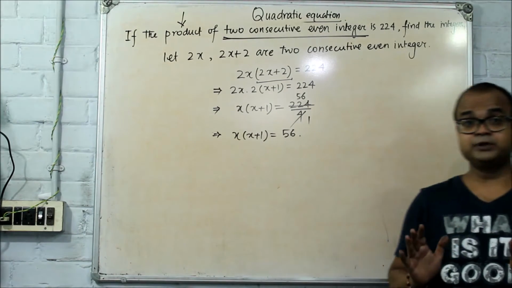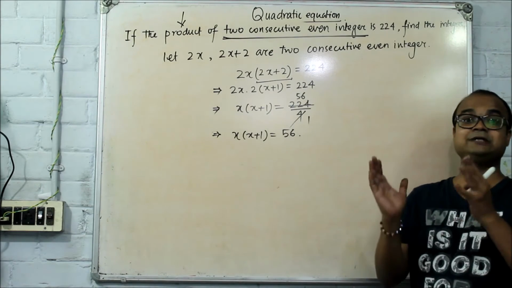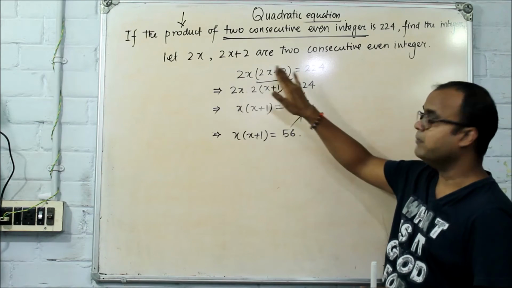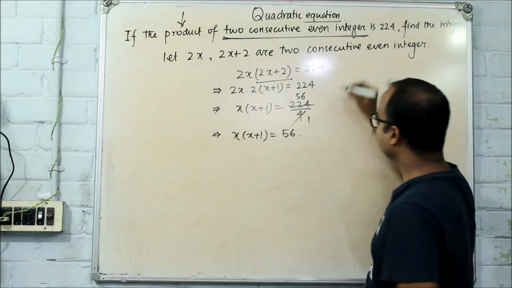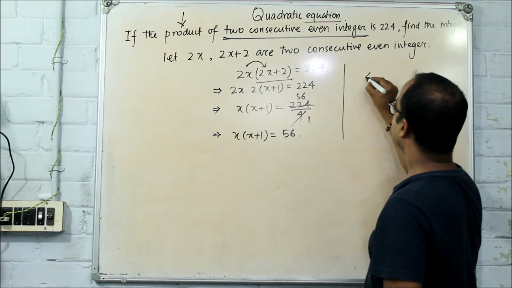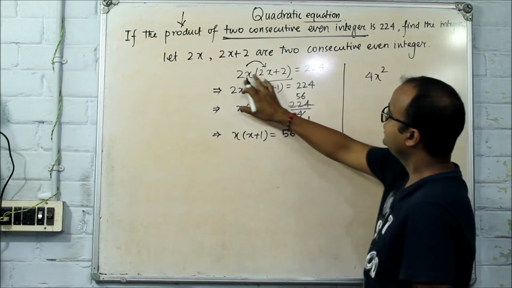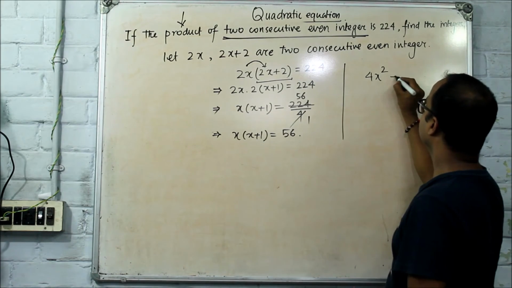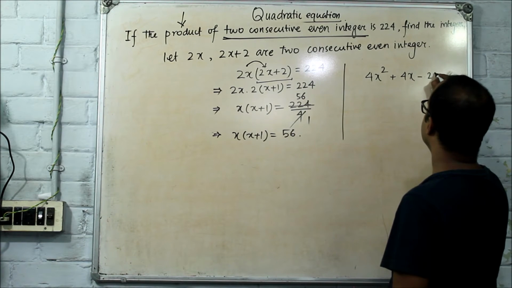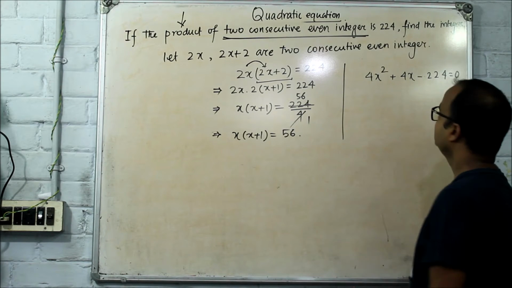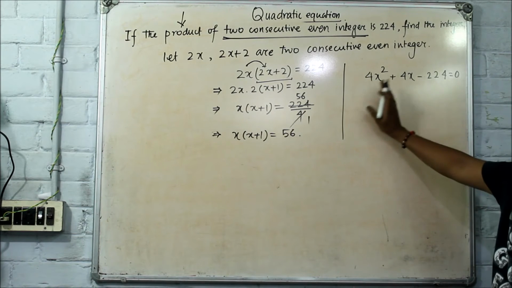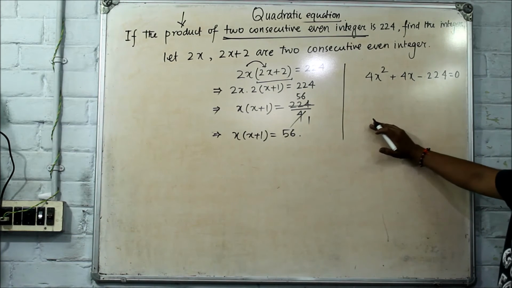Now if you are not comfortable with taking common, some students might have that difficulty, so you can simply multiply it. I am showing this step. Directly multiply 2x into 2x, you will get 4x square. 2x into 2, you will get 4x. And take this 224 to the other side, minus 224 is equal to 0. Now if you are comfortable, you will take 4 common or directly solve the equation.